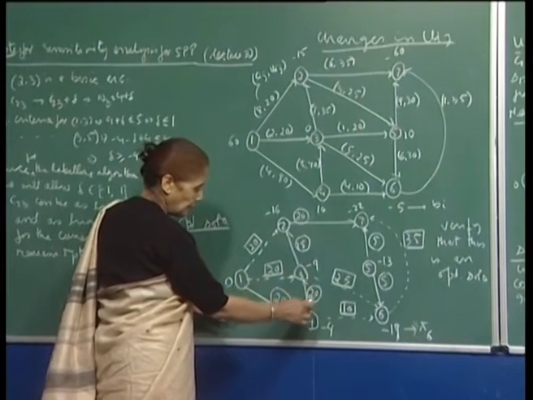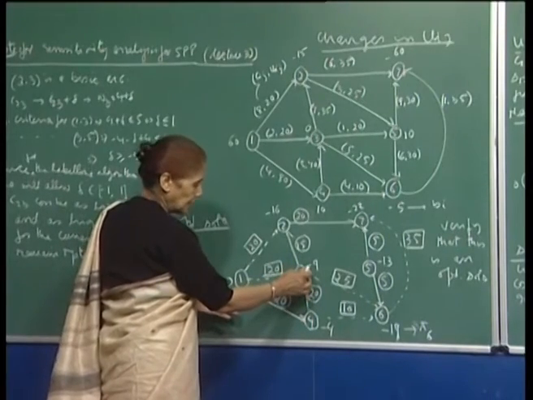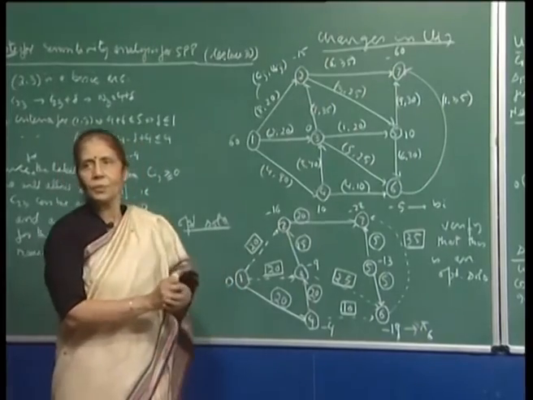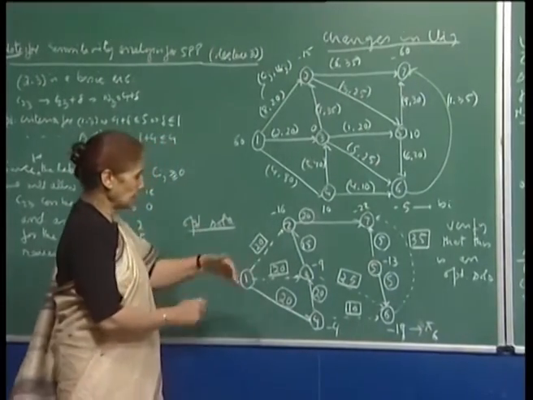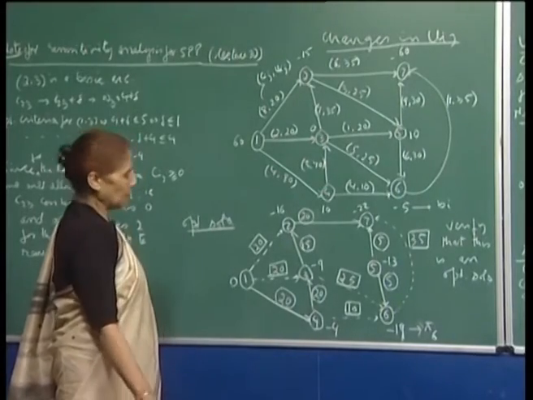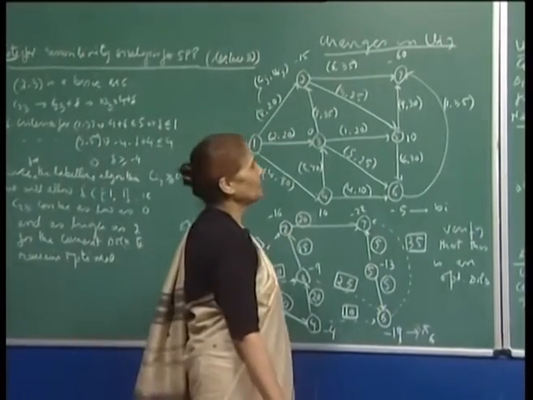So, I should be able to send flow delta 13 from 3 to 1 to conserve the flow at each node. That is what we are doing. The flow conservation equations have to be satisfied.